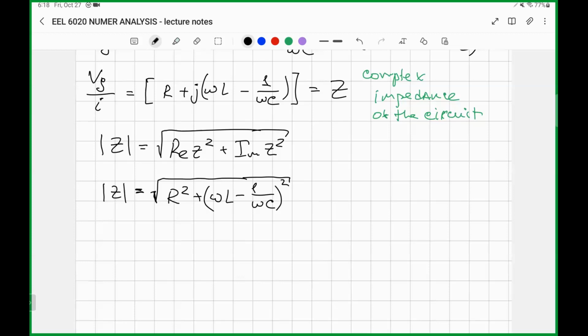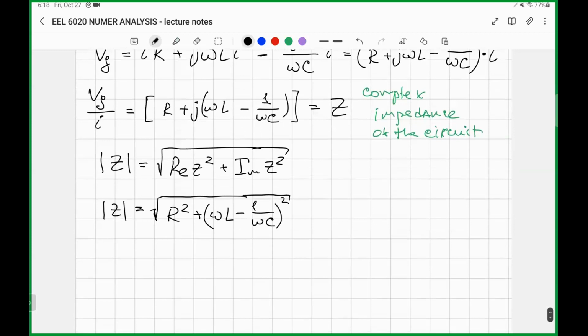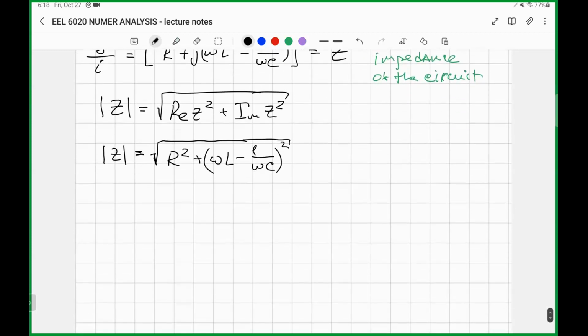So now let me ask myself the following question: for the given voltage of the generator, when is the maximum current?